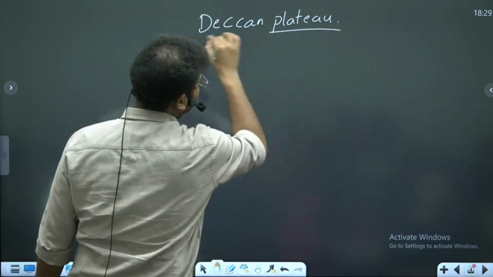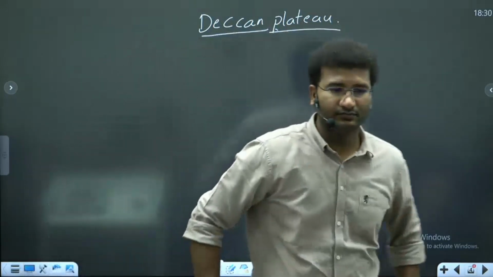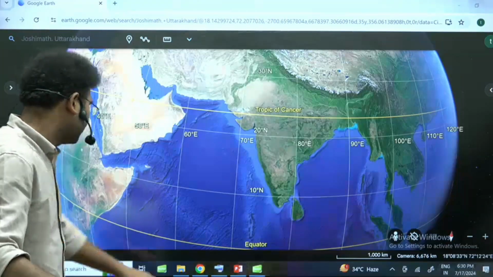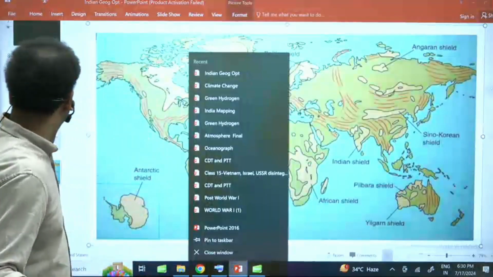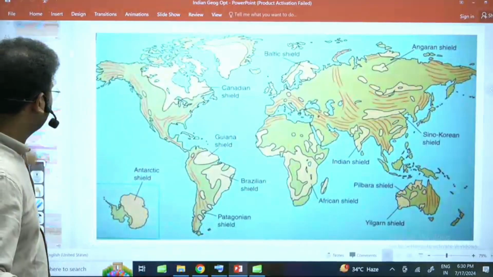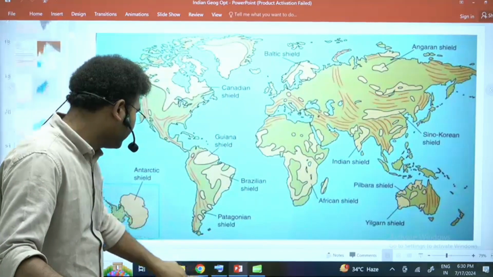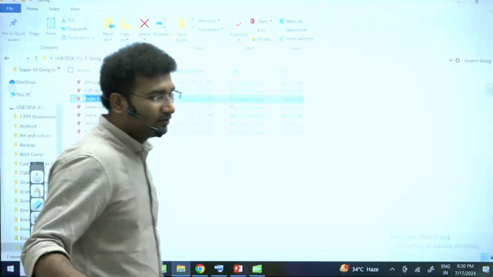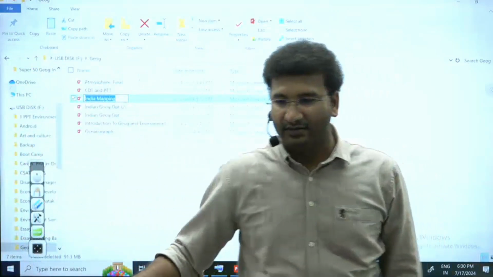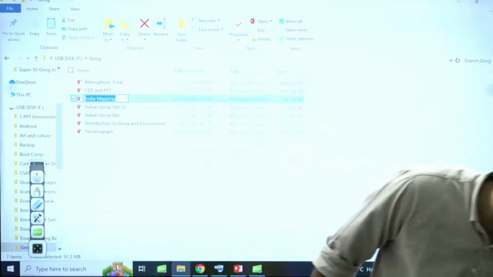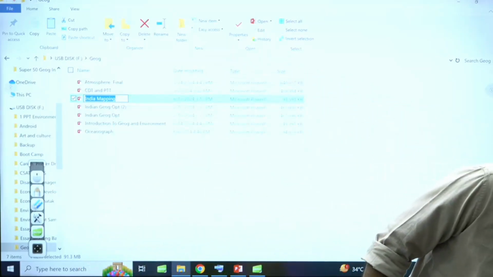Open your atlas. Find out Deccan Plateau. Whoever is having the TTK atlas, in the first map itself, you'll have the physiography regions given in a very detailed manner.